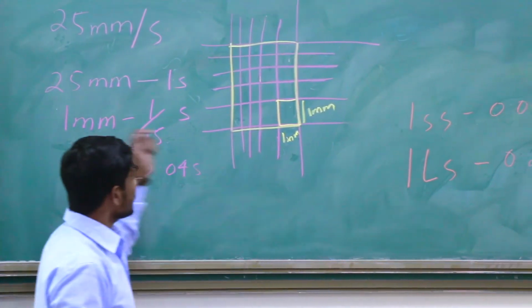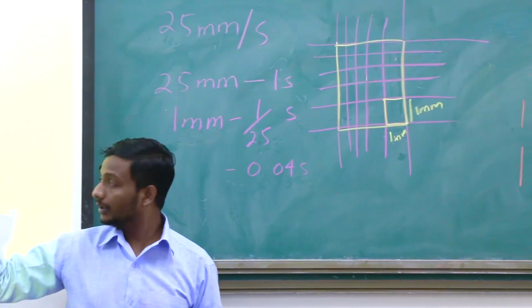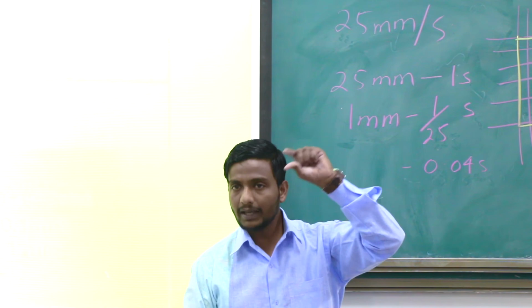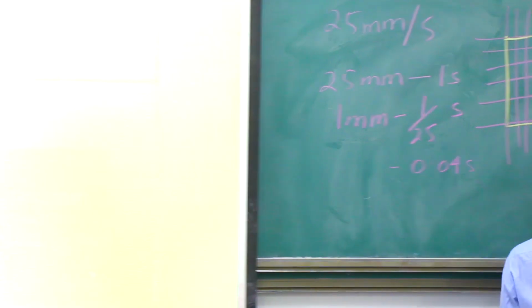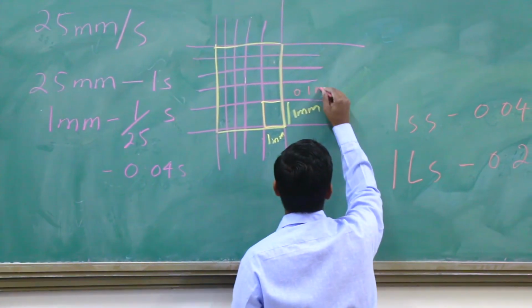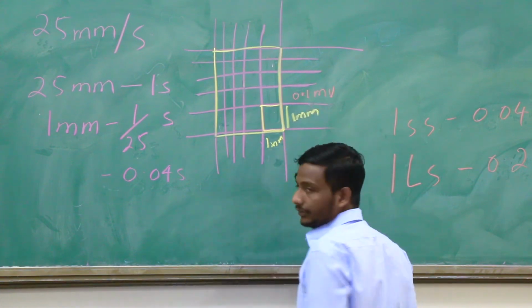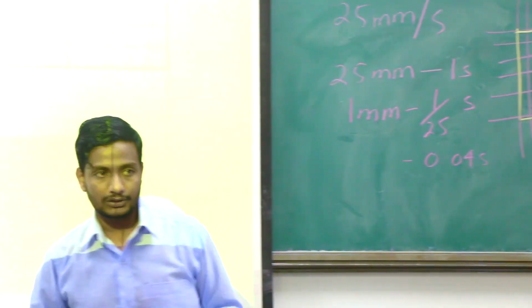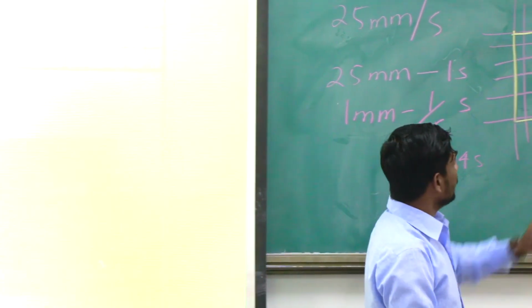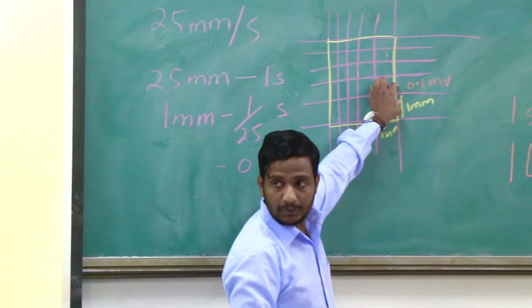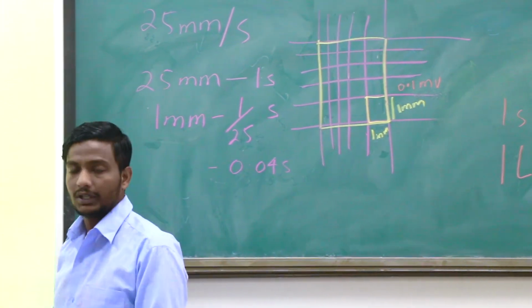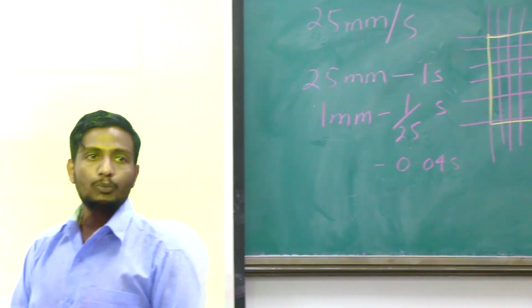And this ECG machine has been set in such a way that the height of 1 millimeter will be equal to 0.1 millivolt. So on the y-axis, if there is a height of 1 millimeter, it will be equal to how much? 0.1 millivolt. It has been already set here.